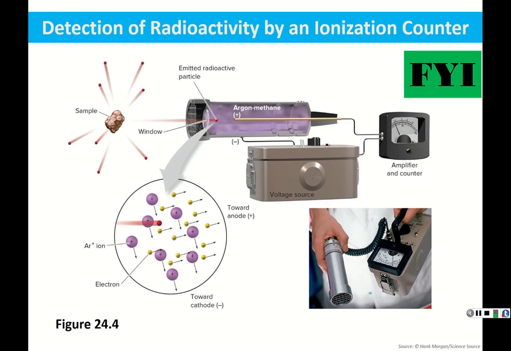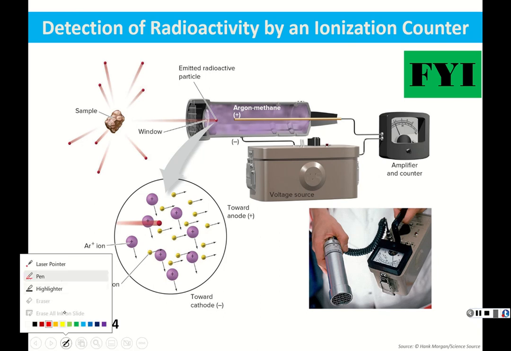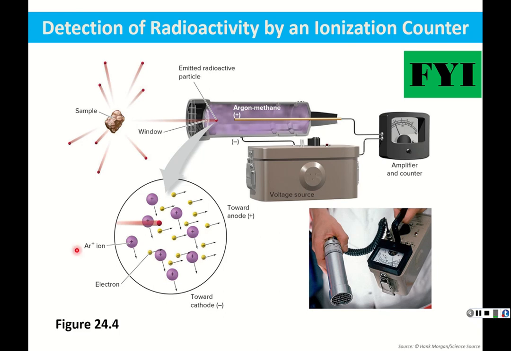Right, so the handheld instruments, like a Geiger counter shown here, would be that first sort of example where you have a radioactive sample. If some of the particles emitted from that go into this chamber that has argon and methane in it, a mixture of that gas, you can get an electron being knocked off argon, and that will then move towards the different poles.